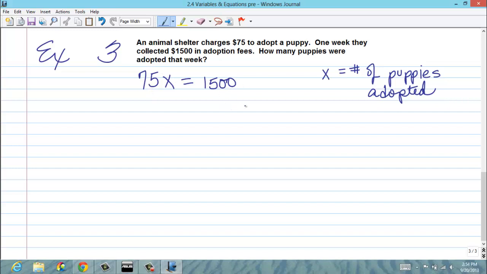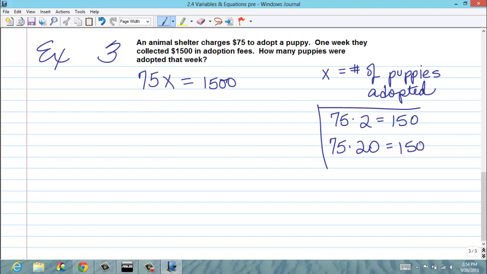Well, I know that 75 times 2 is 150. So how could I get that to 1,500? How about if we said 75 times 20? If I add an extra 0 there, I get to add an extra 0 here. So using mental math, we can still figure out that x equals 20, or 20 puppies.